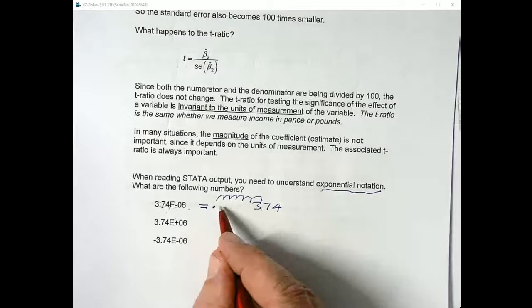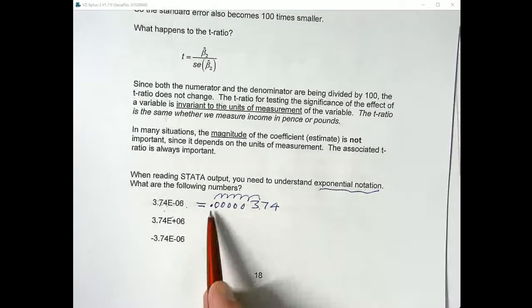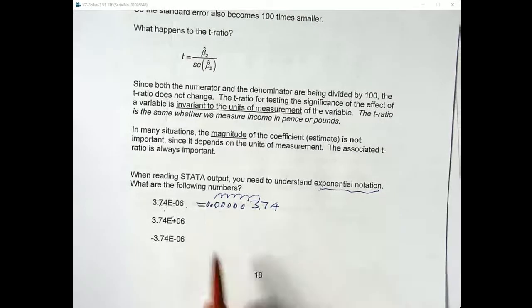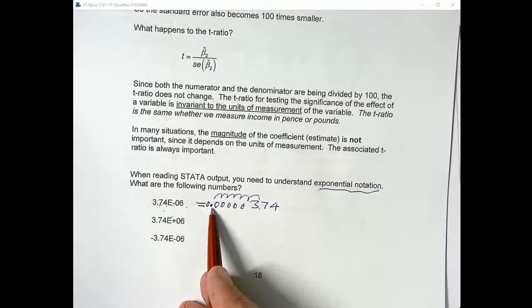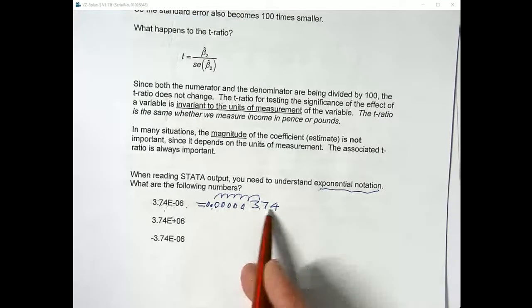So the decimal point is here, and you have to fill in some zeros here. So what we've got here is a decimal point, 00000374. So that's a very small number.